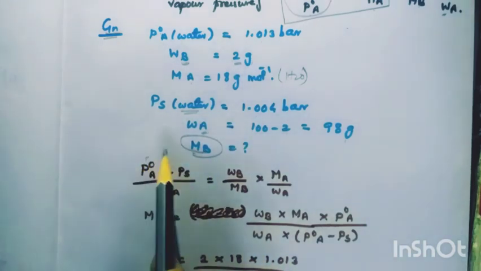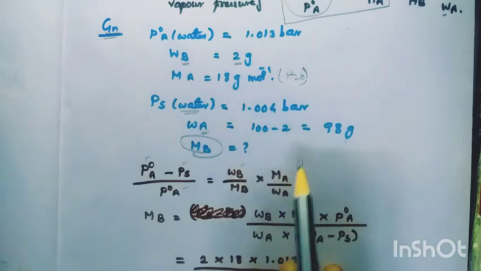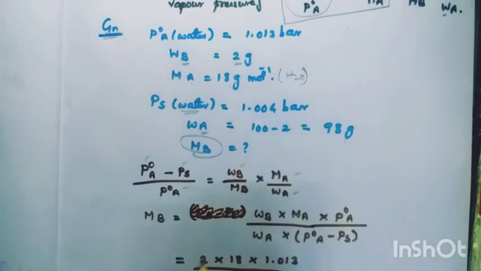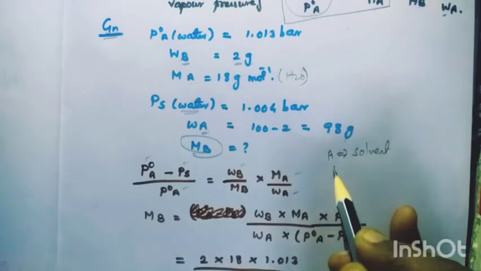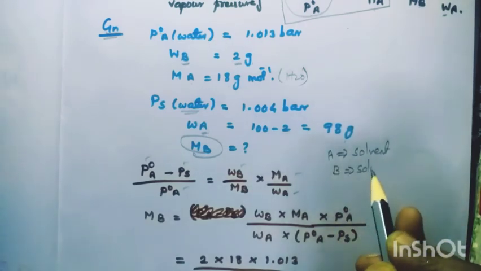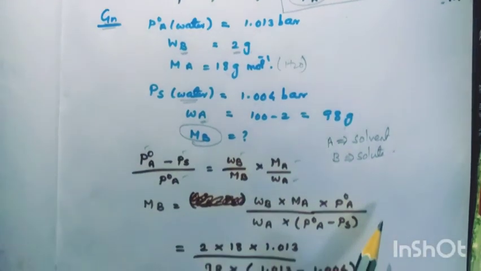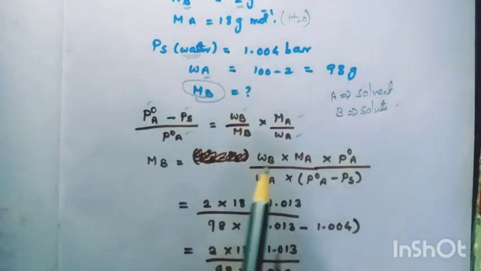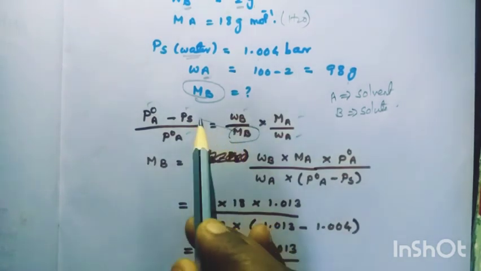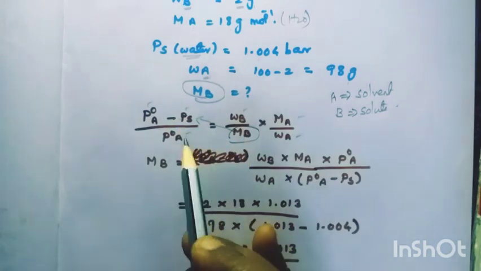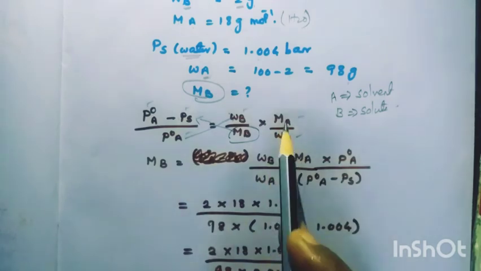So we have PA, PS, P naught A, WB, MA, WA. A is nothing but solvent. B is a solute. Don't get confused. So MB we need to know. So take this here, this down, this to this side. So MB equal to WB MA as it is.